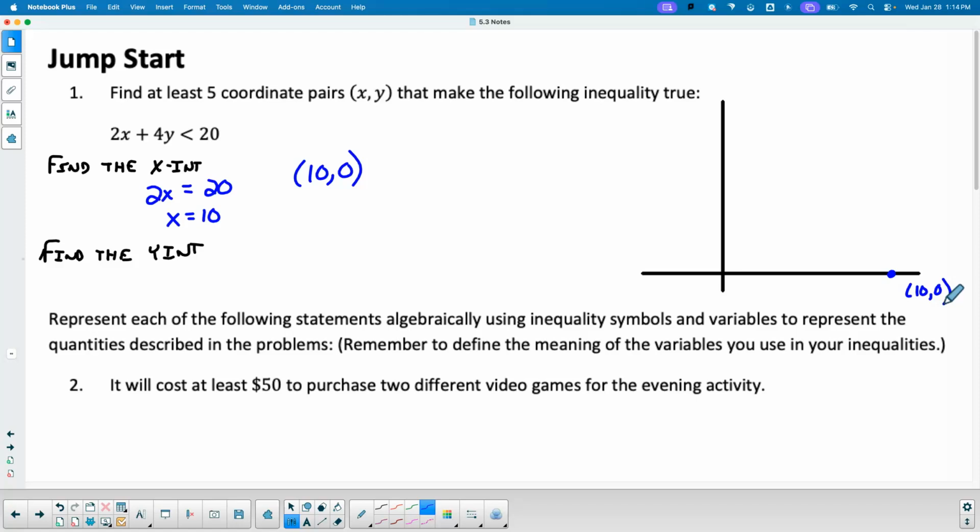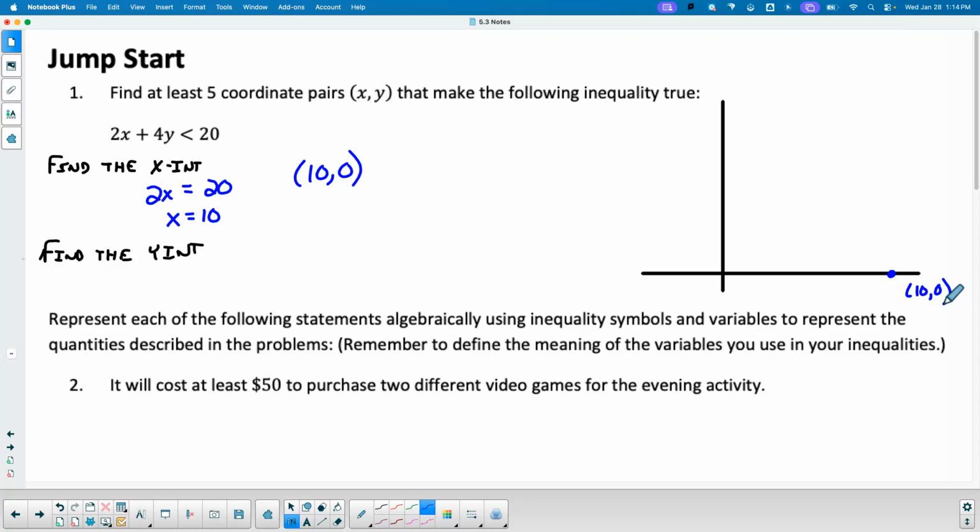Set y equal to 0. X-intercept is where y equals 0. Y-intercept is where x equals 0. So for the x-intercept, we're going to leave x, but y is going to become 0. So 0 times anything is 0. Okay?